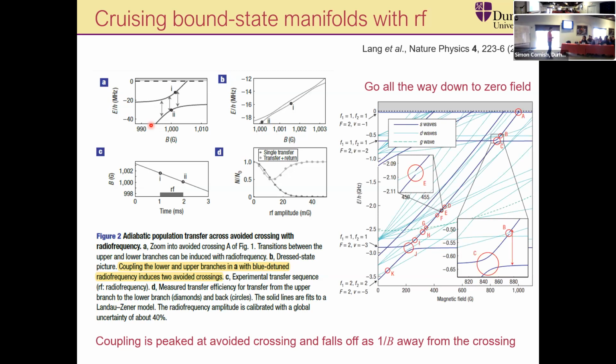And just to show how wonderful this technique is, in this paper, with rubidium dimers formed at about 1,000 Gauss, they went all the way down to zero field, and each one of these labeled circles is another avoided crossing that they jumped with RF. So we can control this near threshold molecular state with exquisite precision, and that's important. You'll see it's important for being able to form the molecules.